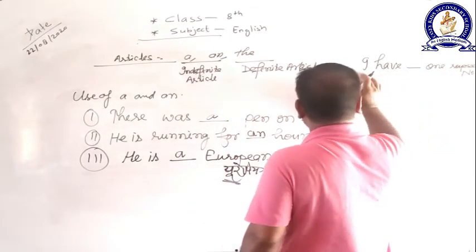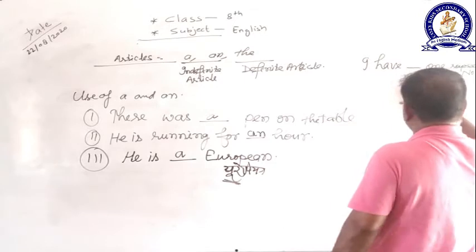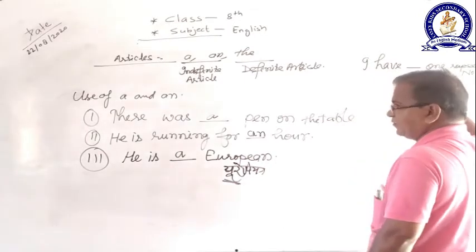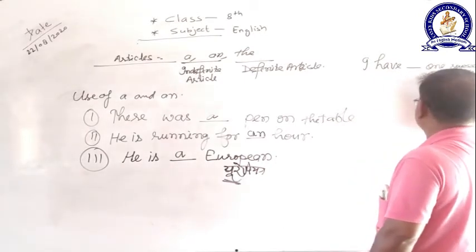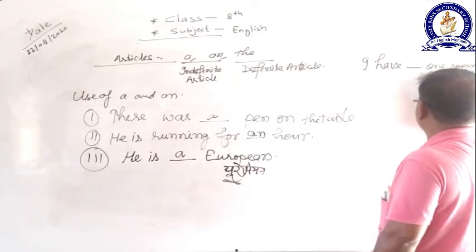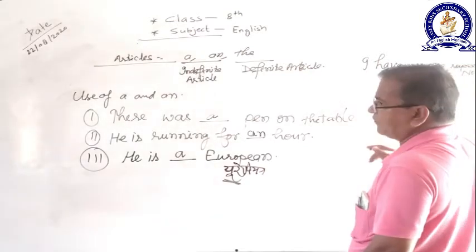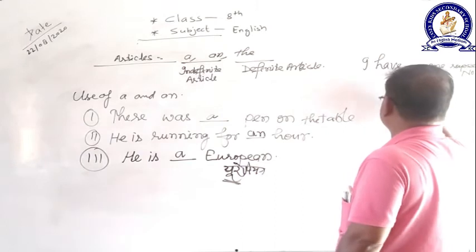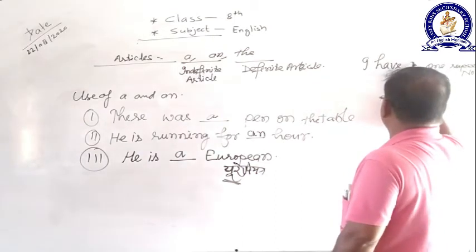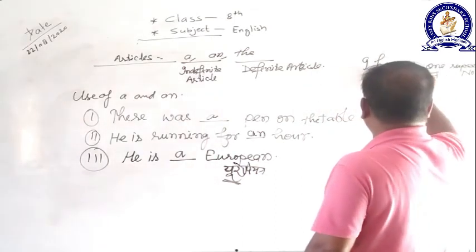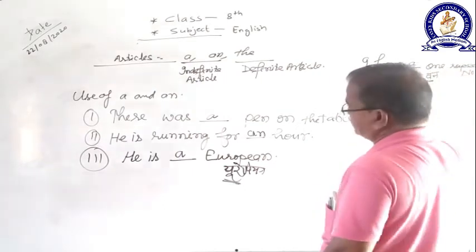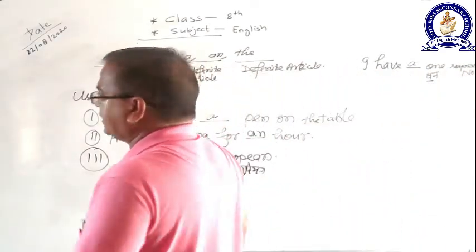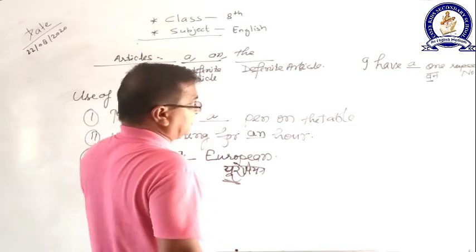What will be the article here? I have one rupee note. One is a vowel letter but being pronounced as a consonant, like wun. We will be pronouncing it like wun. So the w sound is a consonant. That's why what will be applicable? A. I have a one rupee note.